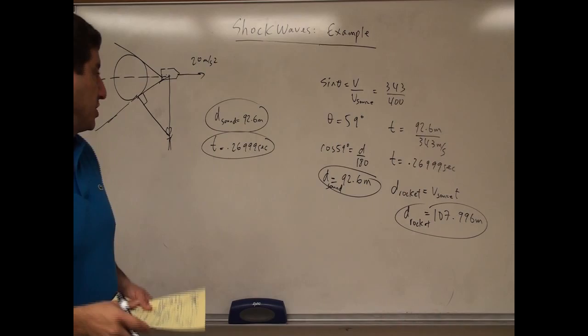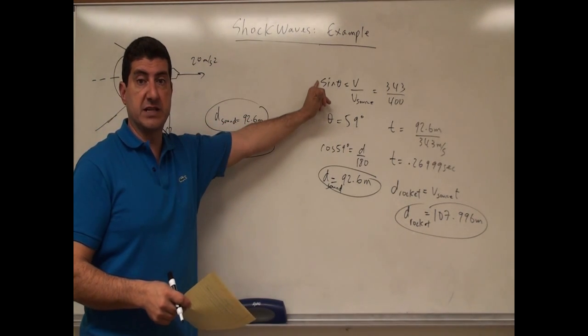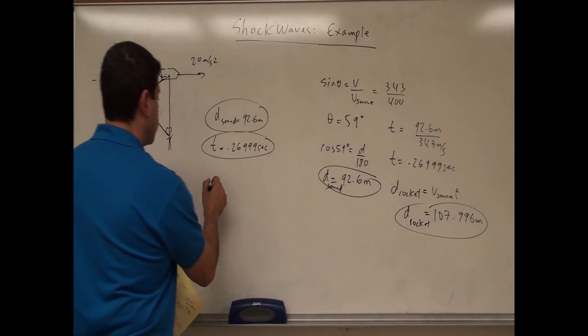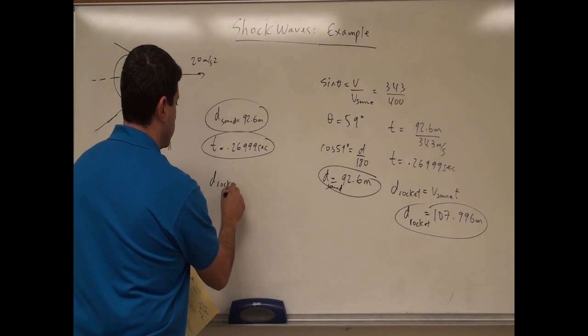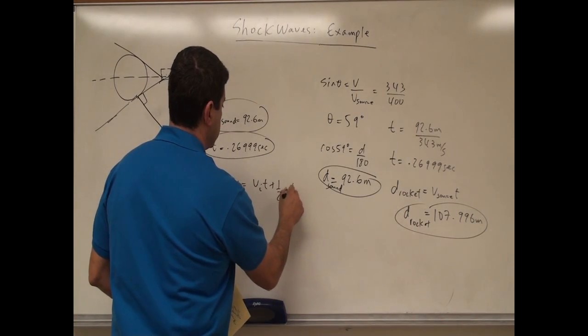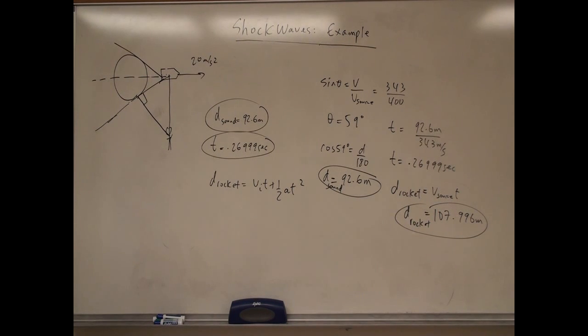So what is changing? The only thing that's changing is that the rocket is traveling farther during that time interval because the rocket is accelerating, right? So the distance of the rocket is going to be the initial velocity times t plus half a t squared. So we use a regular equation for the kinematics for an accelerating object, right?